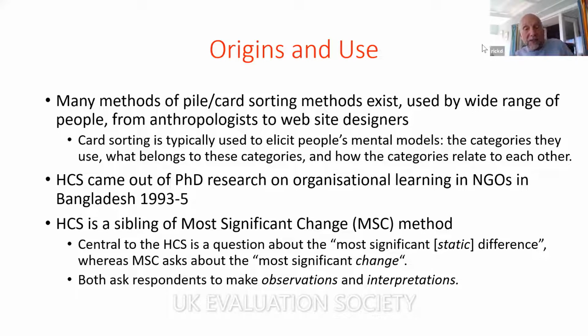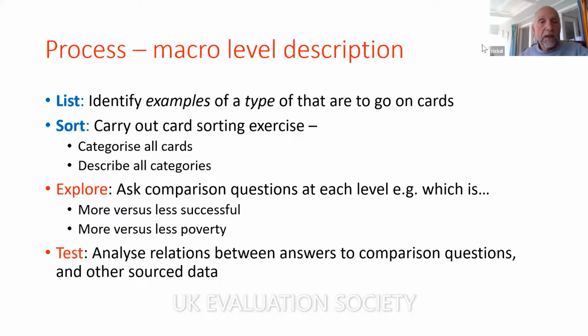So one is about static differences and the other is about changes over time. And both methods ask respondents to make observations about what the difference is and then interpretations of the significance of that change or difference.